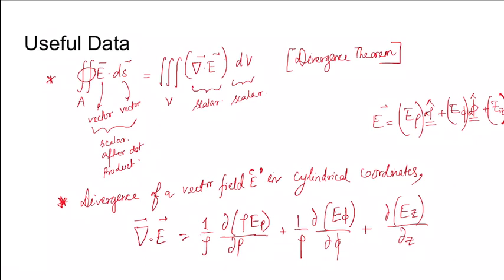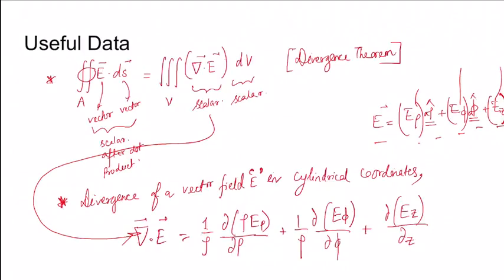Now the divergence of the vector field in cylindrical coordinates is 1 by rho d(rho E rho)/d rho plus 1 by rho d E phi by d phi plus d Ez by dz, where E vector is given by E rho a rho cap plus E phi a phi cap plus Ez az cap, where E rho, E phi and Ez are the rho, phi and z components in cylindrical coordinates of the vector field E.